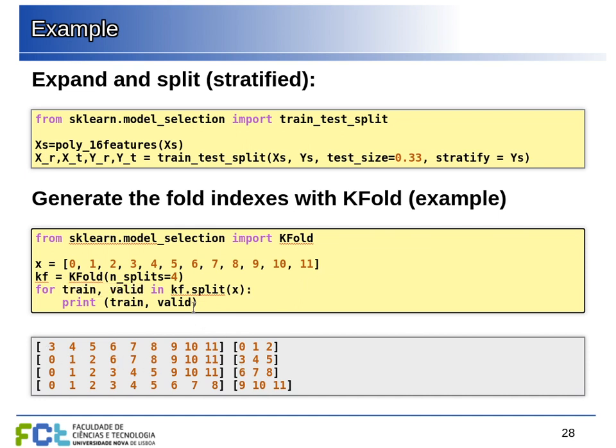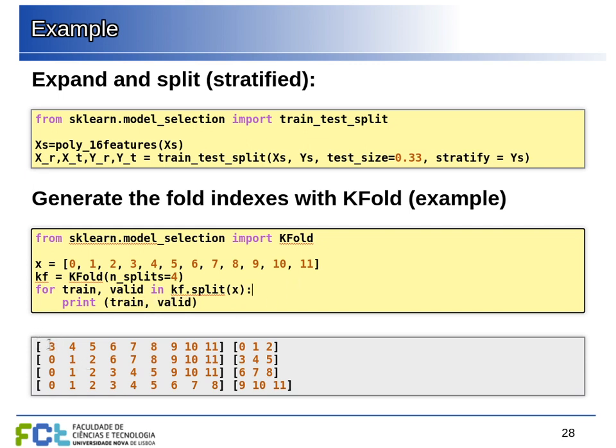So this illustrates how this works. We just say that we want K-Fold with 4 folds, splitting into 4. And now when we give this vector here for splitting, we get the indexes for which elements we put on the training set and which on the validation set.